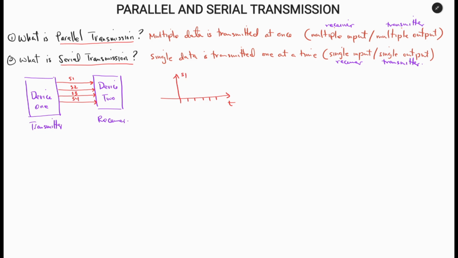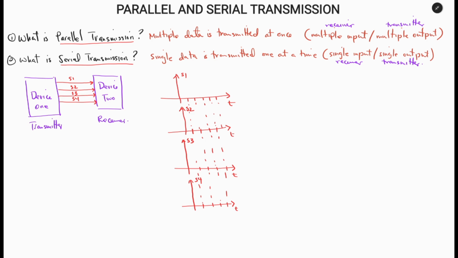This graph will represent signal 1, and we can also have this one, 1, 2, 3, 4, which represents signal 2, and we can also have 1, 2, 3, 4, which represents signal 3, and finally we have 1, 2, 3, 4, and time, and this represents signal 4.